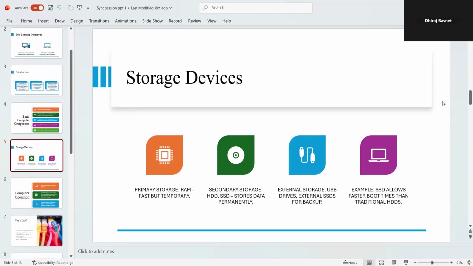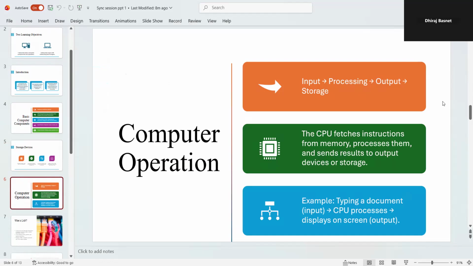Now we are going to talk about computer operation. A computer follows a simple cycle: input, processing, output, and storage. Input is where data or commands are given to the computer using input devices.